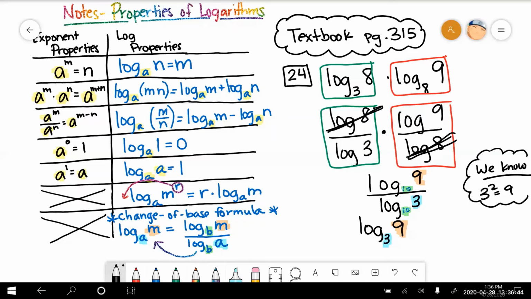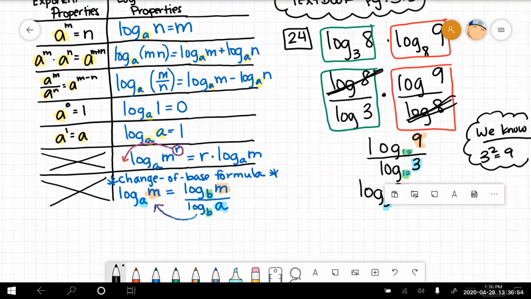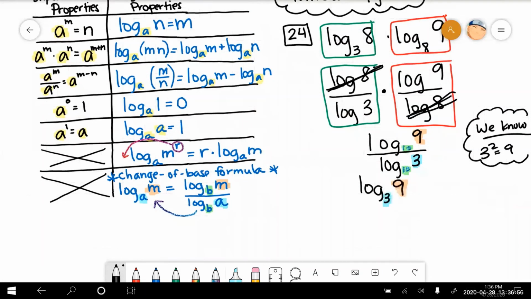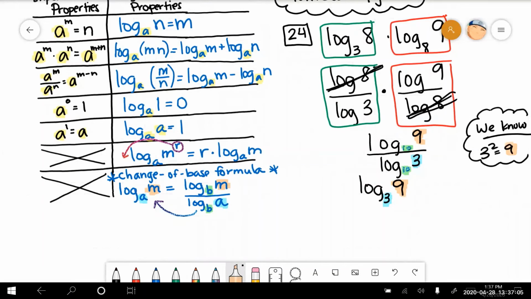As we continue on, I'm going to scoot this up just a bit so we have room to keep working. Again, let's take this back to the information that we know, which is that 3 squared equals 9.